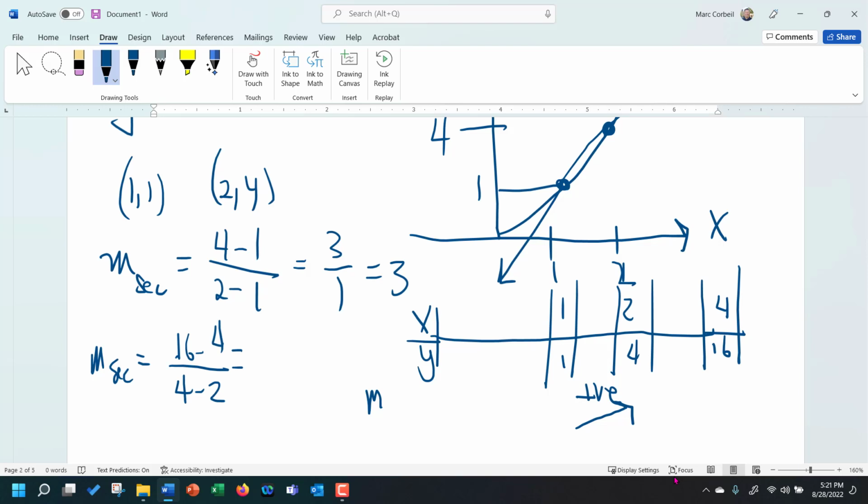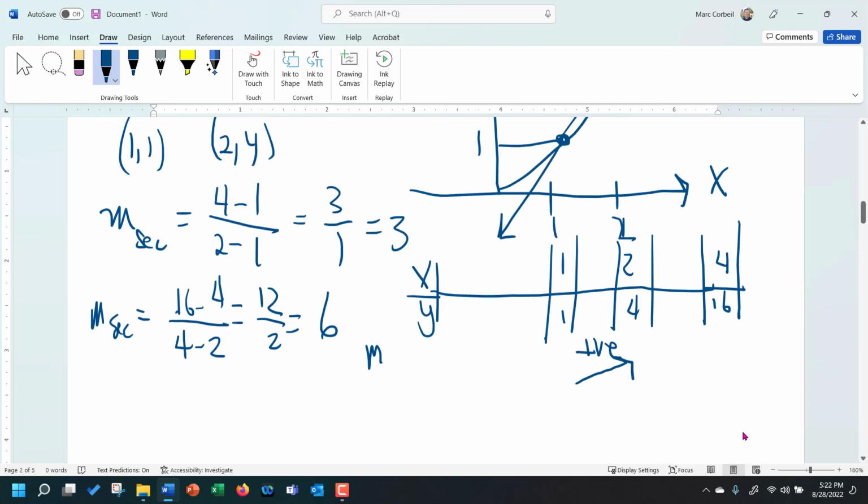Just making sure here, I'm looking. 16 minus 4 would be 12 over 2, which would be 4. So the slope here would be, 4, please. 6. Thank you. Those people in the audience screaming out that was 6. It is 6 indeed. So the slope here is still positive, but it's a bigger slope.